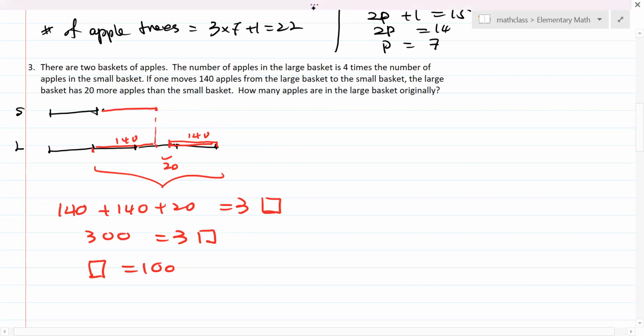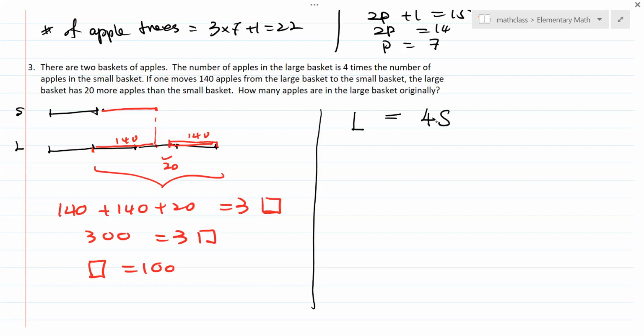Now sometimes using equations is much easier. Let's write down the equation. S means the number of apples in the small basket. L means the number of apples in the larger basket. The first sentence tells you L equals 4S. Got it? Now, if you move 140 apples from the large basket, you lose 140.